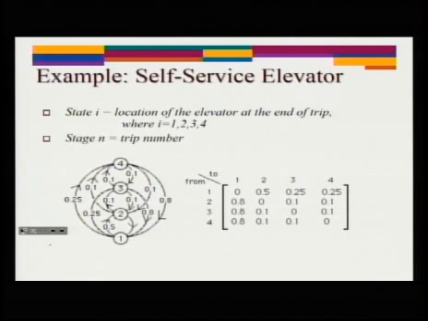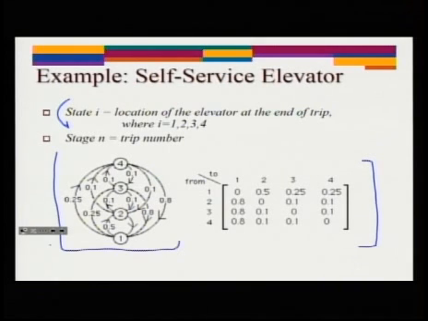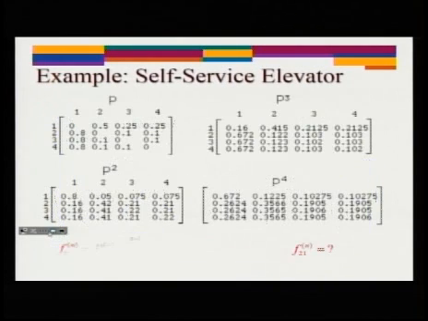Okay, so this is what we've already done, right? We defined 4 different states, and then using these states, we constructed the one-step transition probability matrix. And this is the transition diagram. Now here, I provide the 1, 2, 3, and 4 step transition probability matrices.